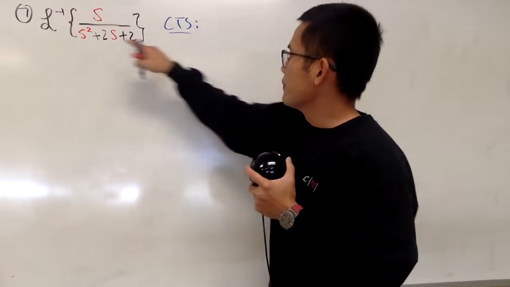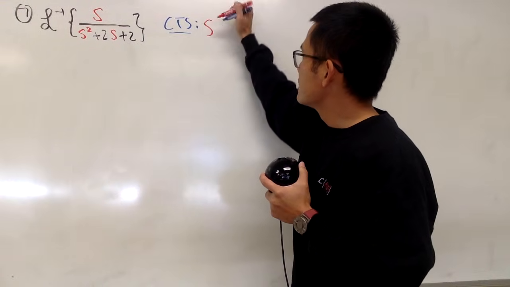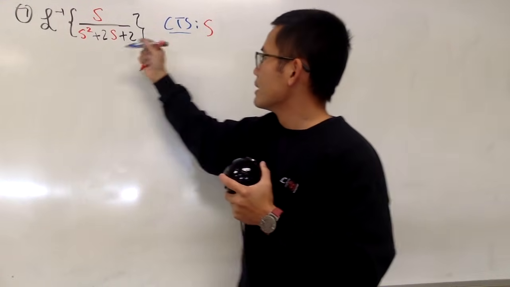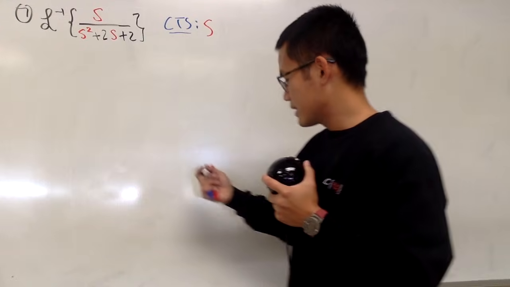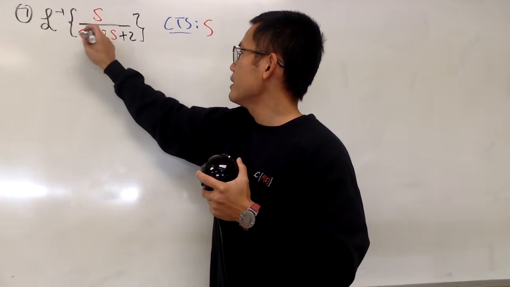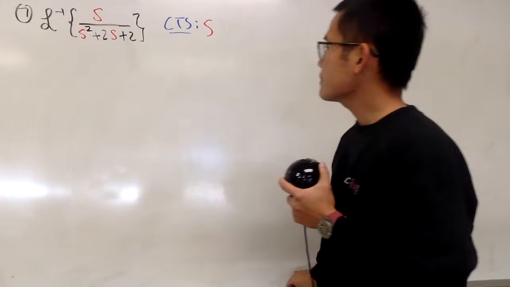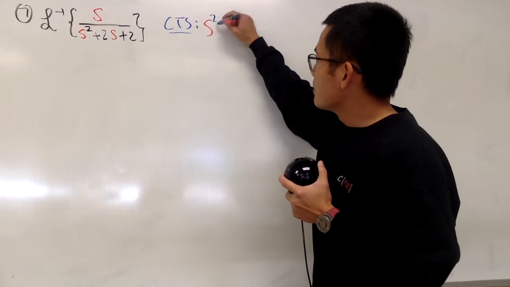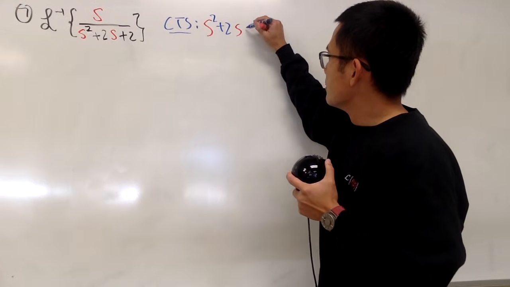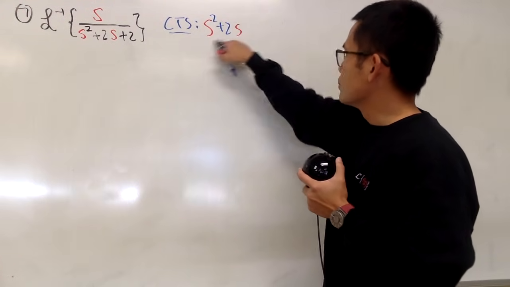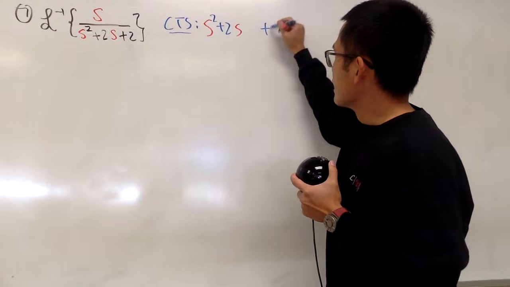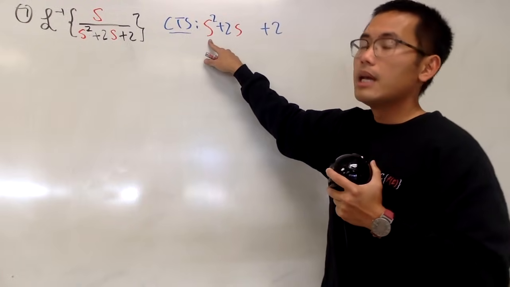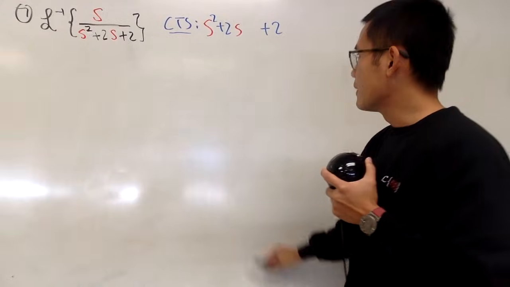So this expression, which we have, is s squared plus 2s plus 2. Right? So what you do is you leave it right here and then just add 2 after that. And then what you have to do is the following.